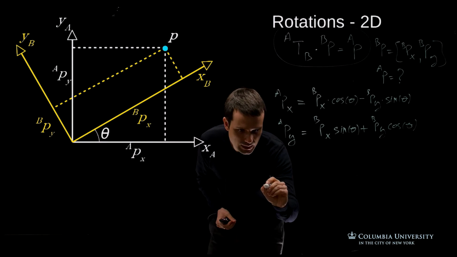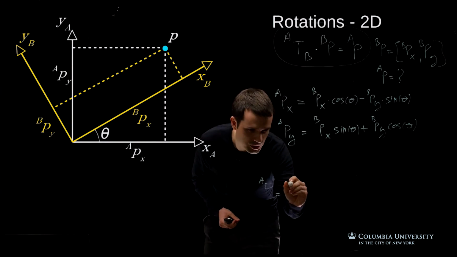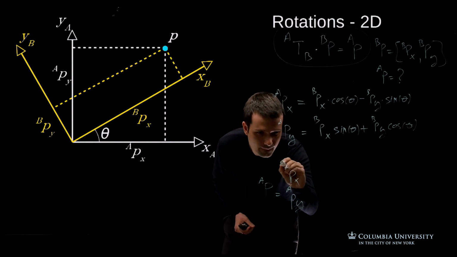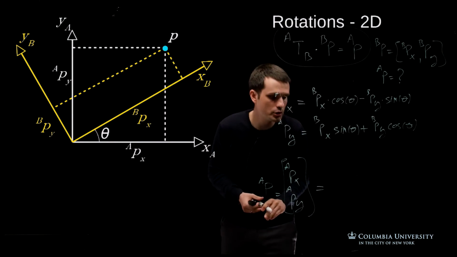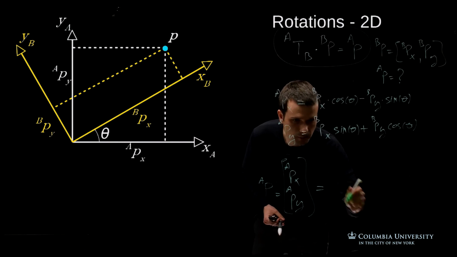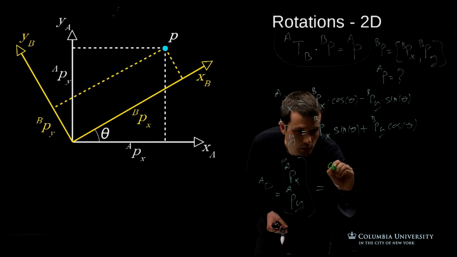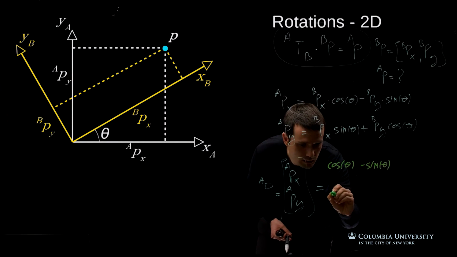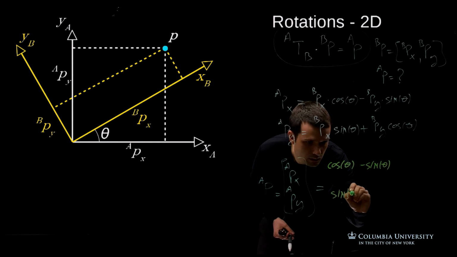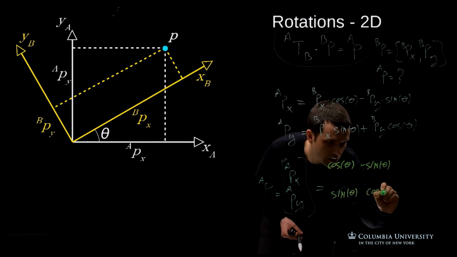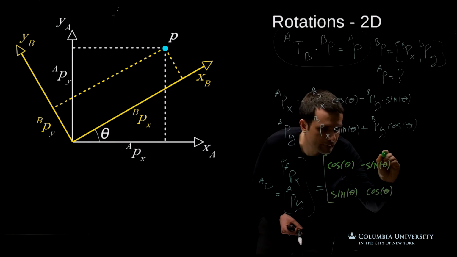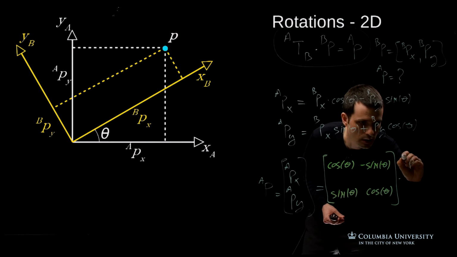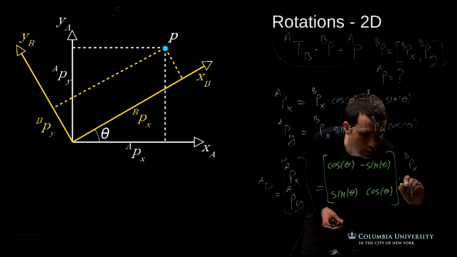So what we have is that PA, which is just a column vector PAX, PAY, is going to be a matrix, cosine theta, minus sine theta, sine theta, cosine theta, okay, times PBX, PBY.